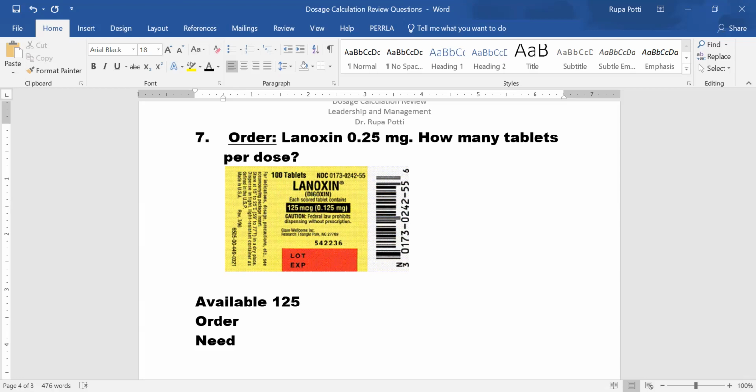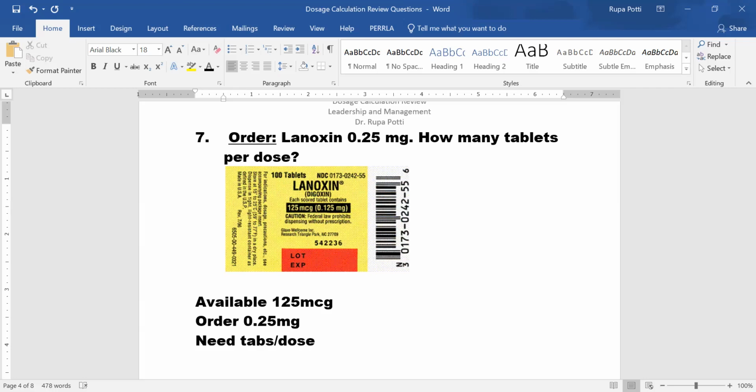That is what is available. Each tablet is really 125 micrograms. And what is my order? My order says I have to give 0.25 milligrams. So I write it down, 0.25 milligrams. And what is it that I need? How many tabs per dose?